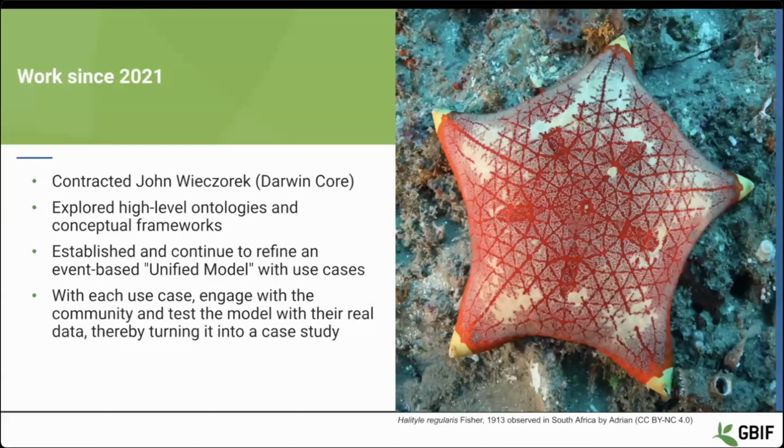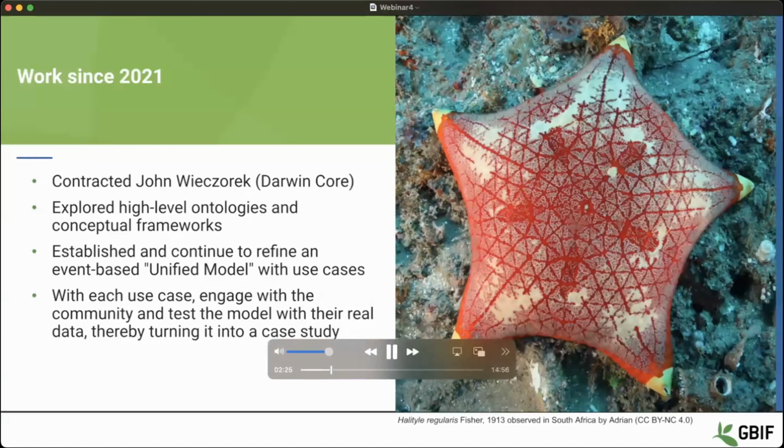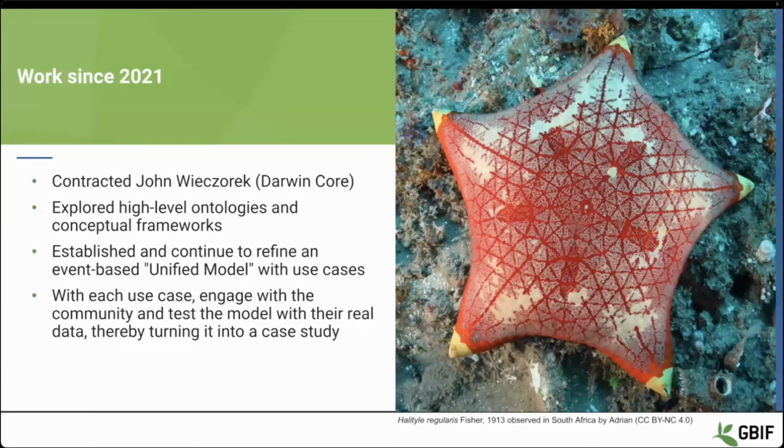The original use cases were each chosen to represent a broader family of similar cases within distinct subdomains of biodiversity science. Each additional case has been chosen to highlight a novel challenge that can't be fully satisfied by the modeling that has gone before it in our work.